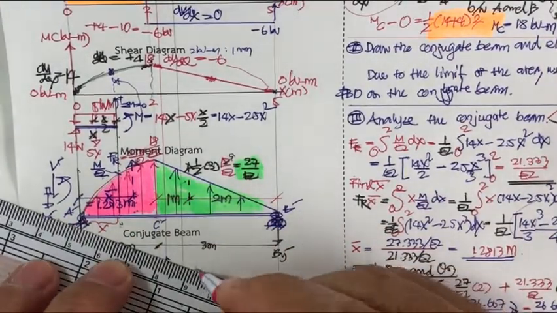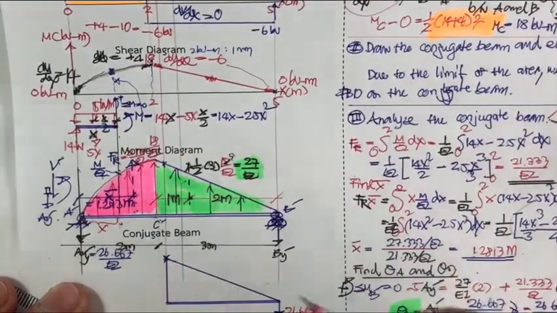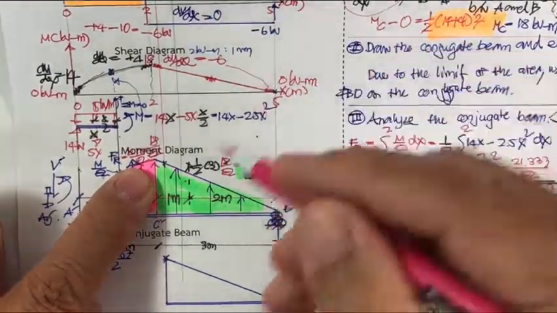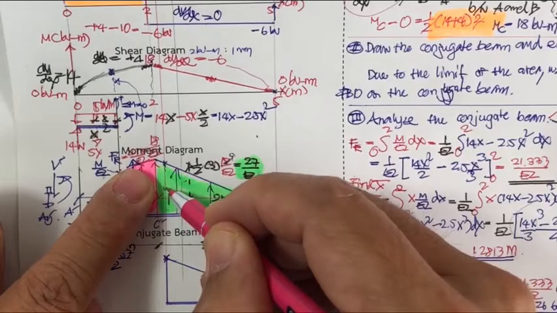What is the value of this? By similar triangles, let's say this is y.